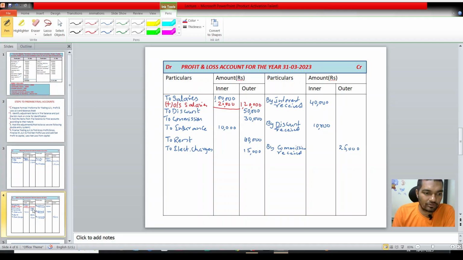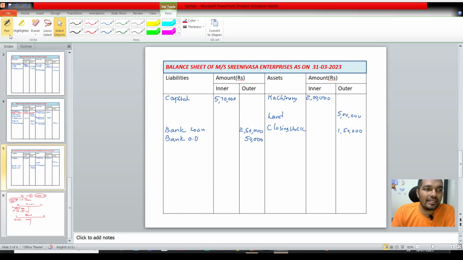Again this 20,000 rupees we need to show liability side as outstanding salaries 20,000 rupees, right? So we have posted two times. First we have added outstanding salaries to salaries under the P&L account debit side. Next we have shown outstanding salaries under the liability side of the balance sheet.